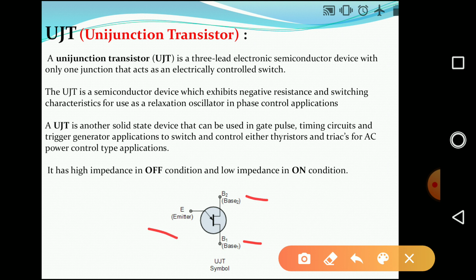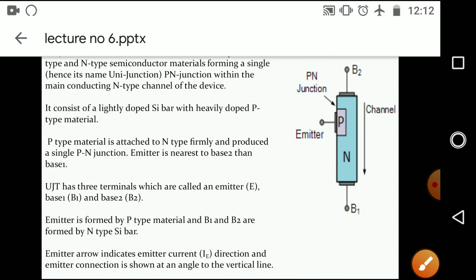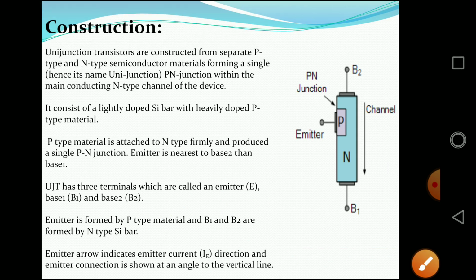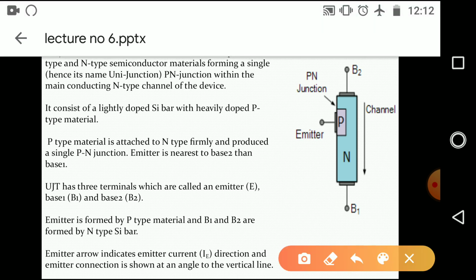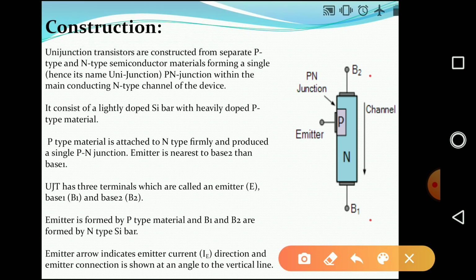And whenever we observe the construction or symbolic representation of UJT, the emitter terminal is always near the base B2 terminal. Next is the construction of UJT. UJT is a type of transistor, hence it has 3 terminals, that is B2, B1 and the emitter terminal.